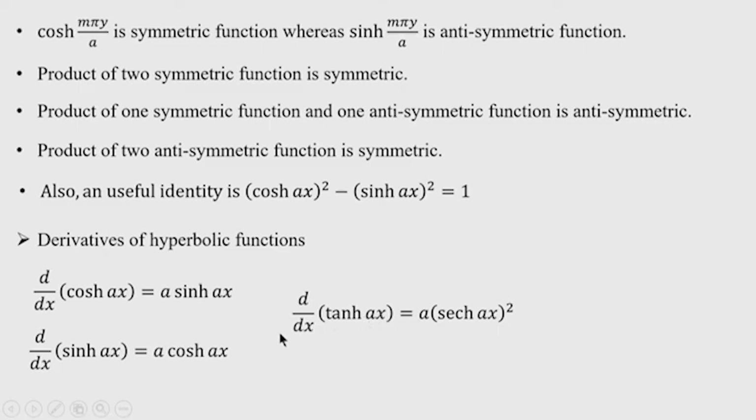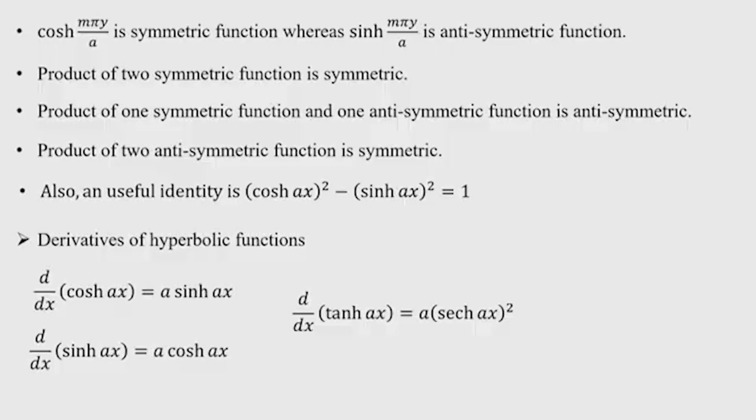Now, the characteristic of the functions is that cosh is a symmetric function and sinh is an antisymmetric function. That statement is very important to solve problems using Levy's method, because if the loading or deflection boundary condition is symmetrical, then there will be no question of any antisymmetrical term in the deflection expression.